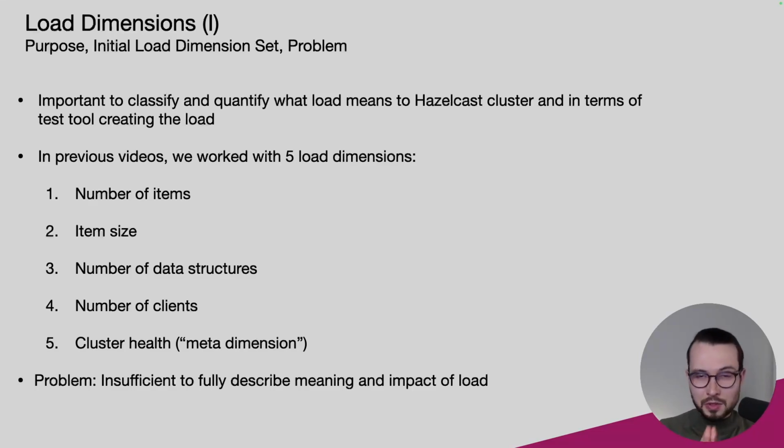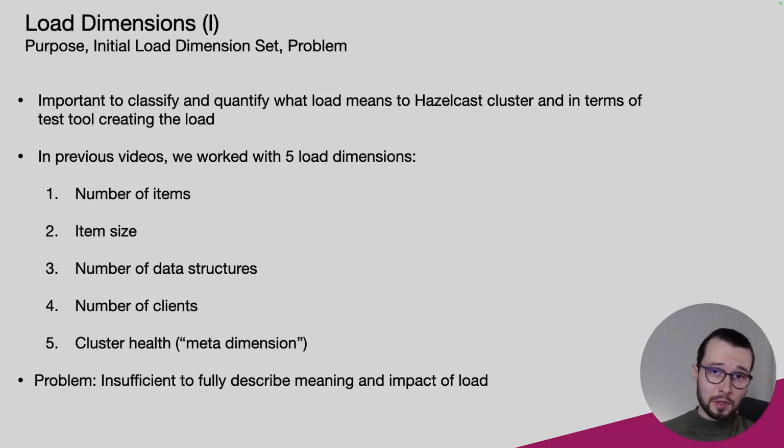That's a very simple example to show that we need ways to quantify and classify what load means to a Hazeltest cluster, or else it's very difficult to reason about the load that a Hazeltest cluster is currently exposed to, or the load that a test tool such as Hazeltest creates, right?